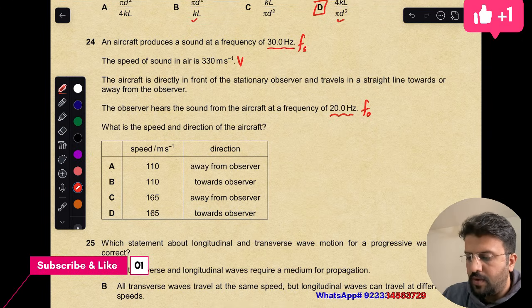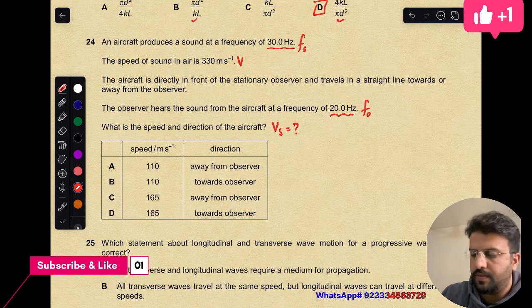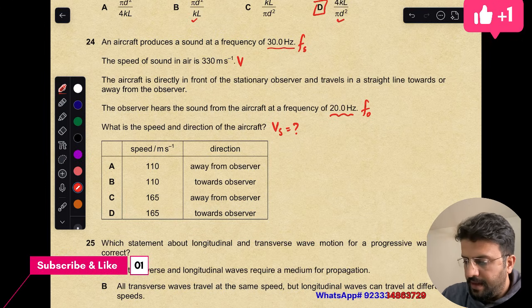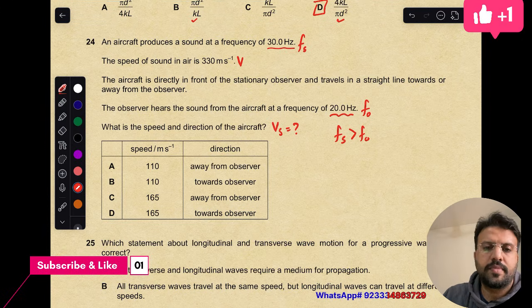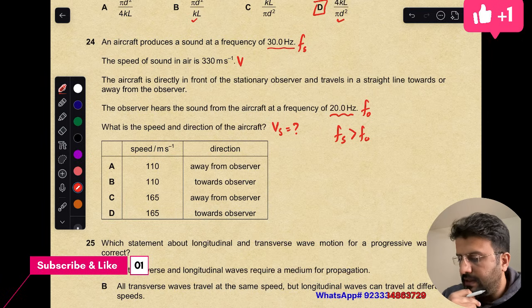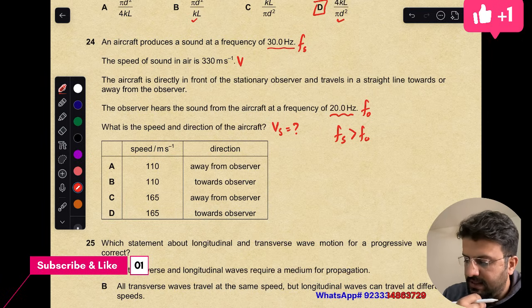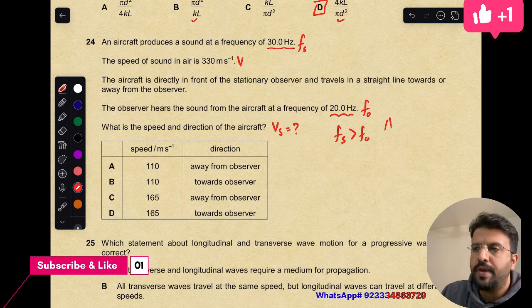What is the speed and the direction of the aircraft? So you have to tell the speed of the aircraft, that is Vs, and the direction. If you compare Vs and V naught, Vs is greater than V naught. Whenever the observed frequency decreases, the source is moving away from you.